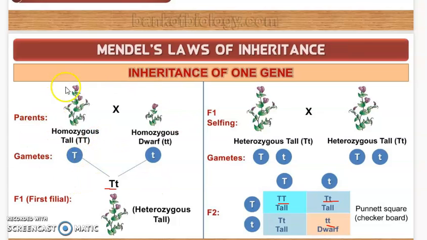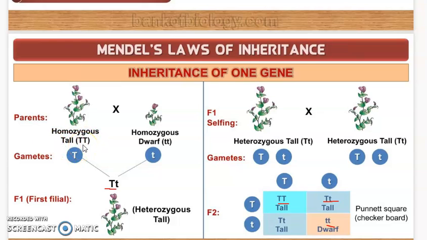See, we have learned about all these terms earlier, but only after forming the conclusions did Mendel give these answers for the inheritance of one gene. That is why it is called homozygous. So they are capital T capital T and small t small t respectively, which are identical or homozygous.